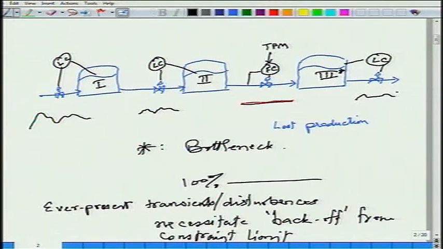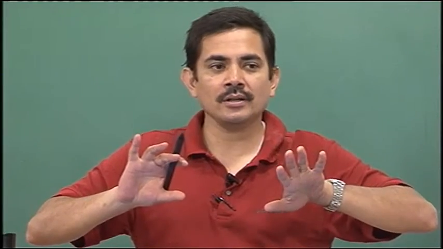Notice that with this orientation of my inventory control system, by choosing the throughput manipulator at the bottleneck feed, what have I done? My flow variability is getting transformed away from the bottleneck. This is a direct consequence of that radiation rule. The orientation of inventory control is to transform variability, transform transients in flow, away from the bottleneck.